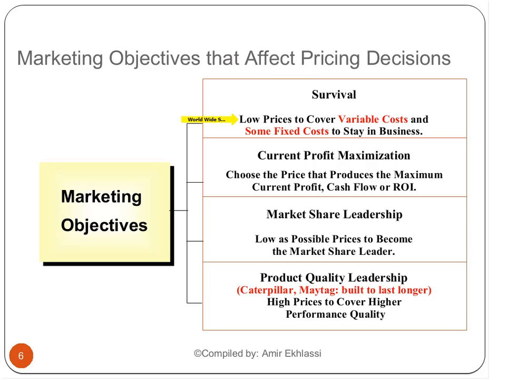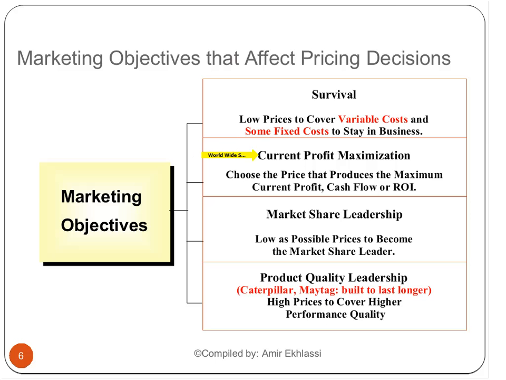It is natural. When you want to just survive, as usual, you will go to low prices to cover variable costs and some fixed costs to stay in business. Sometimes you want to maximize your current profit, which is different.